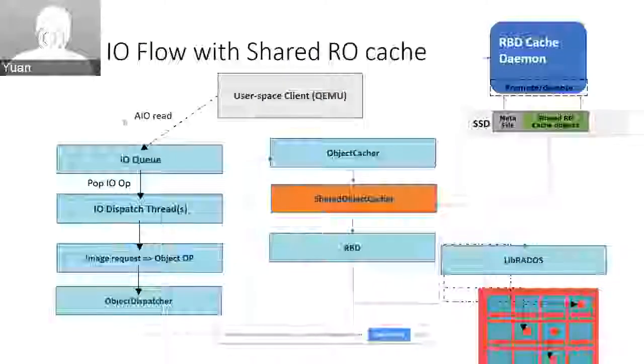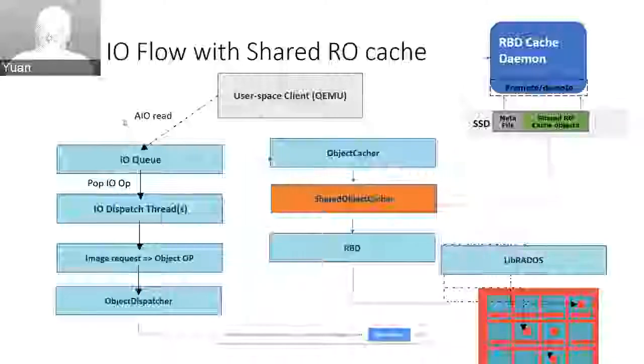And this is the general flow for the shared cache. When there's a read request that flows to the object dispatcher, which is a new component designed by Jason Dillaman, it's working on the object level, and with this dispatcher we can very easily integrate with our shared cache.